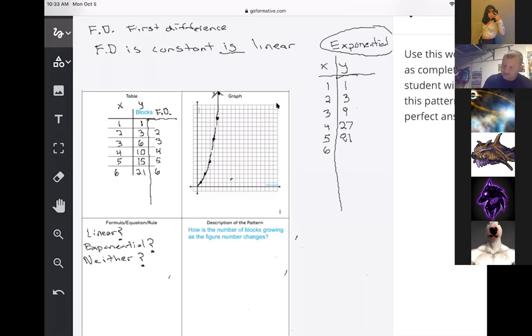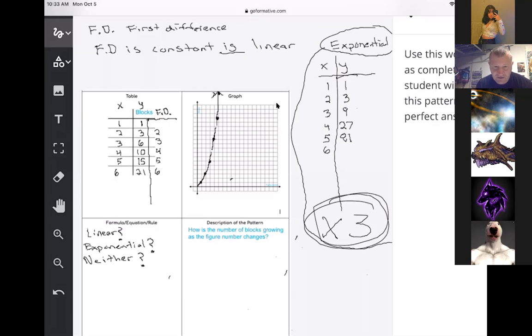Yep. How can we tell that my little table over here is exponential? Because its numbers are growing way too fast. What's it multiplying? It'll have a constant multiplier. It's a multiplier of times 3. It has a constant multiplier.